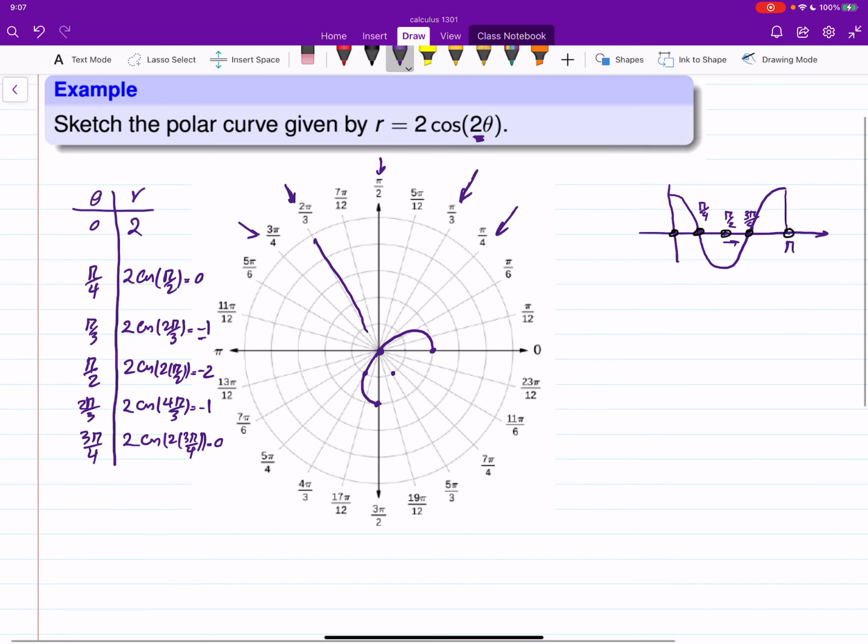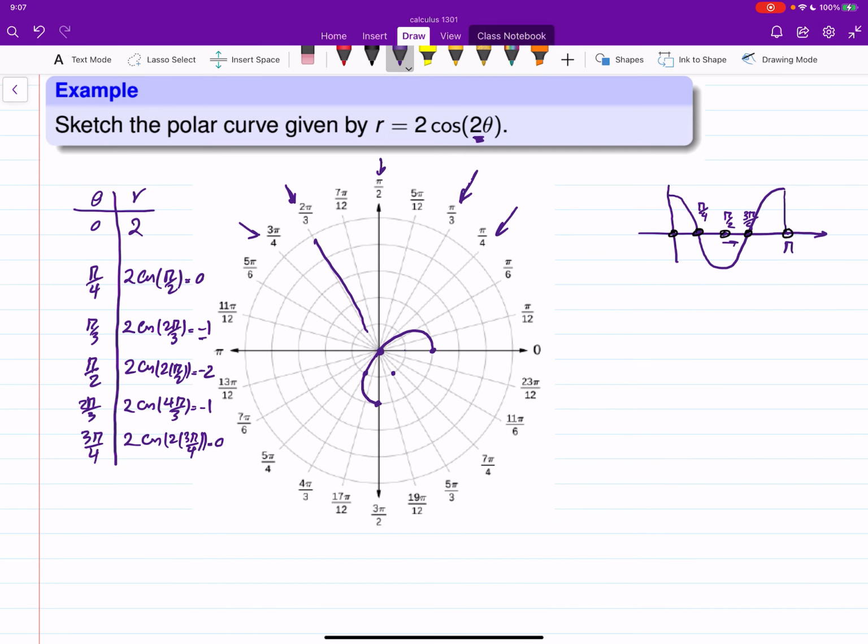Okay, so from this we turn around and go to 0. Where are we? 3 pi over 4, and we continue with the other values from 3 pi over 4 up to pi.